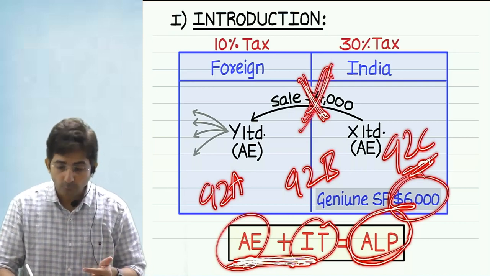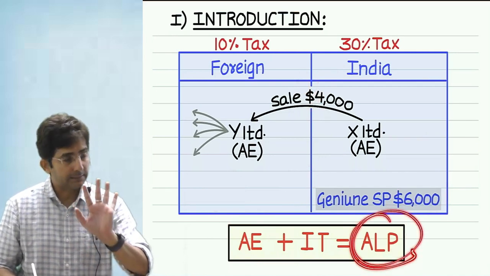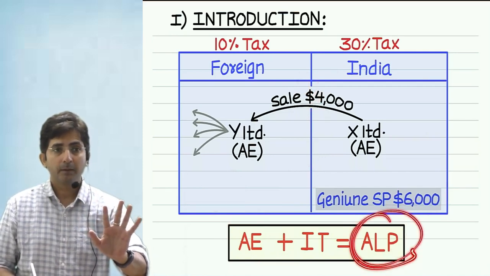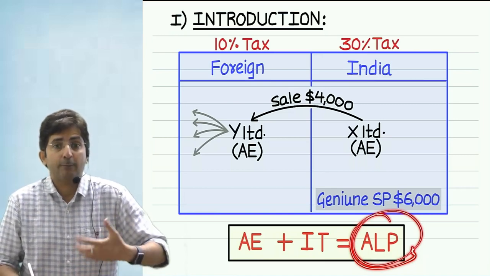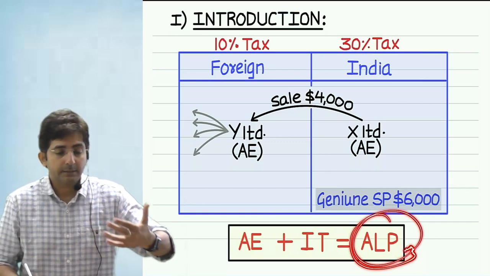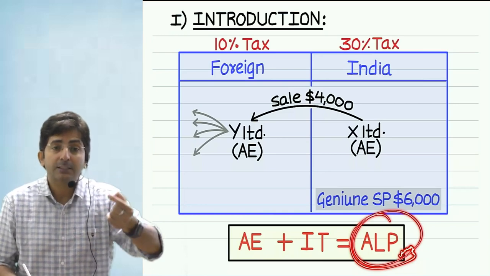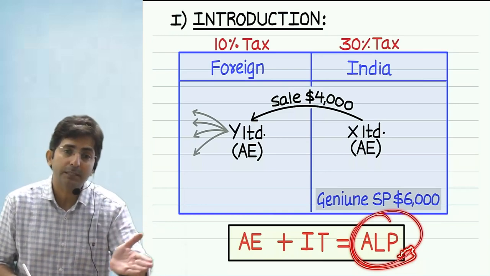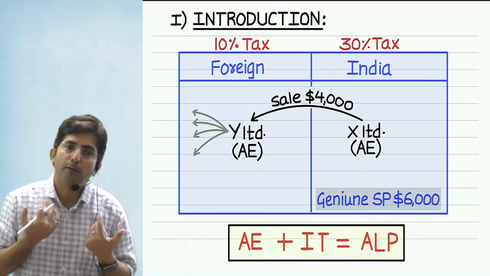Did you notice, for arm's length price, the main section is 92C, but it has an extended family by way of CA, CB, CC, CD, CE. All start with C because it is an extension of arm's length price only. So by so many sections, almost the chapter will be done.